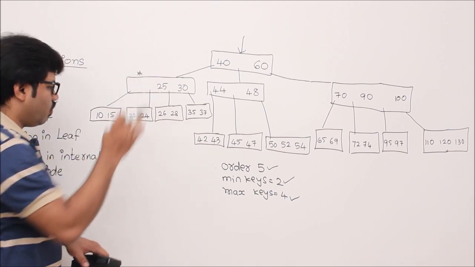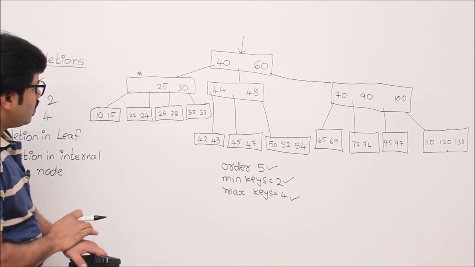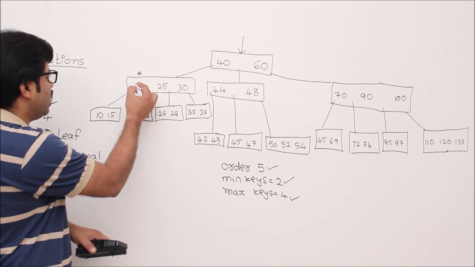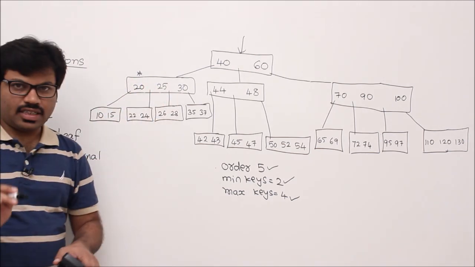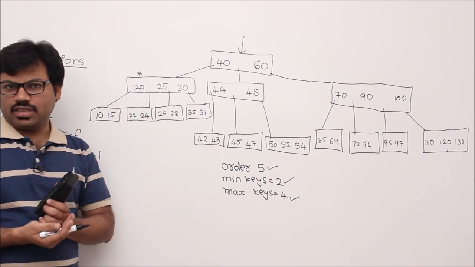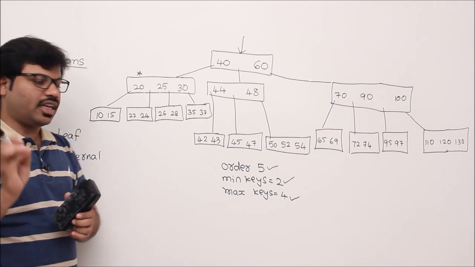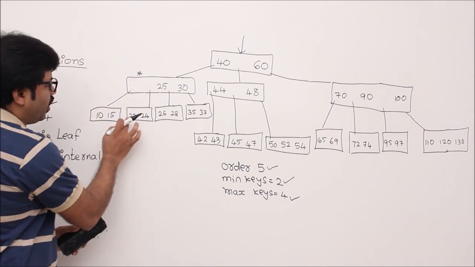Because of that, I try for an alternative. What is the alternative we can keep here, since this key value is 20? My strategy is always to try for the in order successor or in order predecessor. That element will always be the right element. For 20, the in order successor is 22, right?